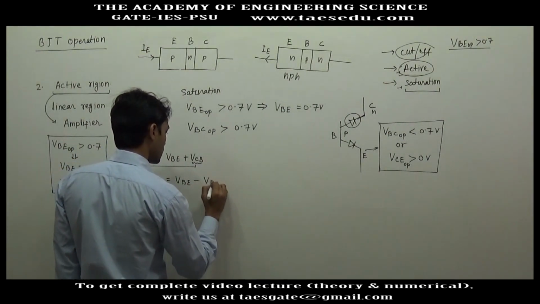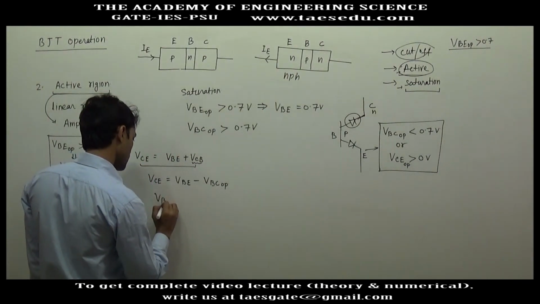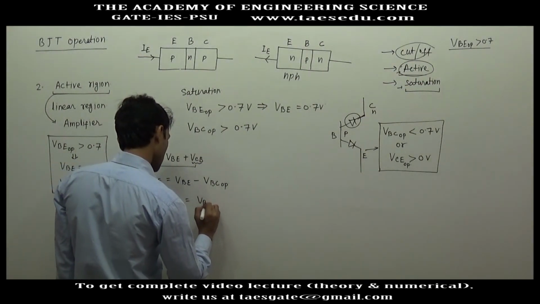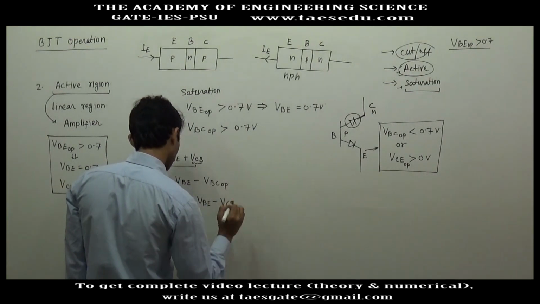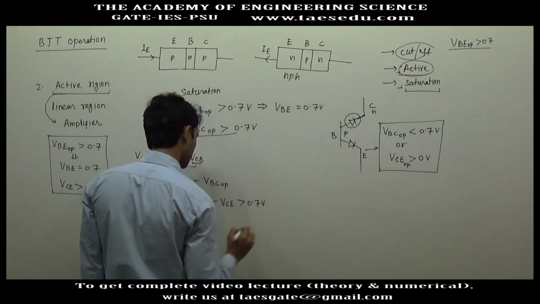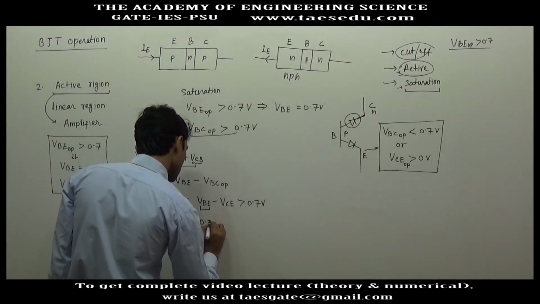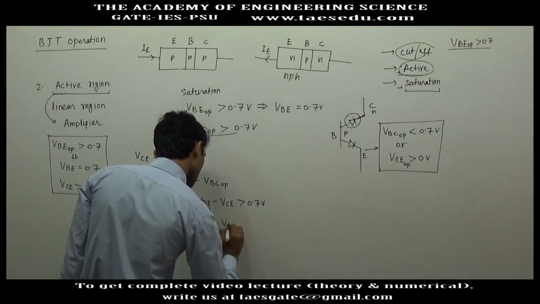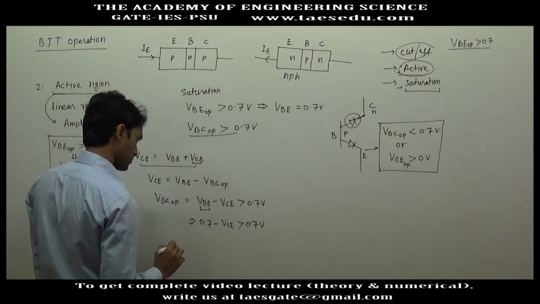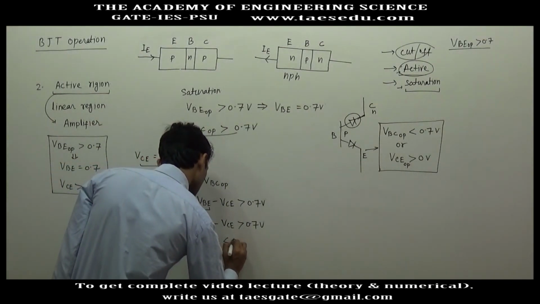So this will be minus VBC open circuited, or VBC open circuited will be equal to VBE minus VCE, and this must be greater than 0.7 volt, and VBE is equal to 0.7 volt. 0.7 minus VCE must be greater than 0.7 volt. So from here we can get VCE must be less than 0 volt.